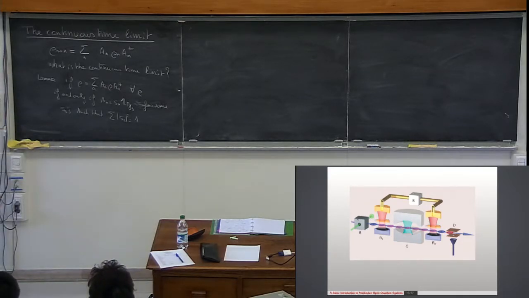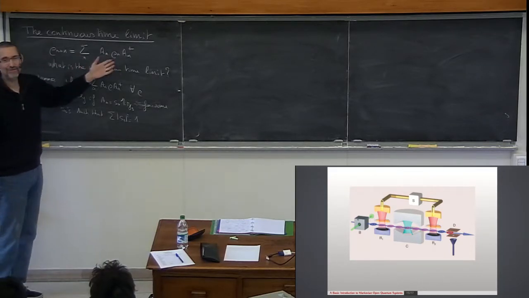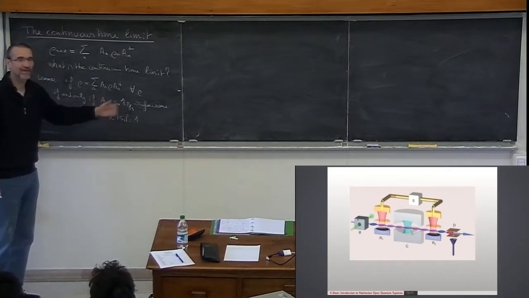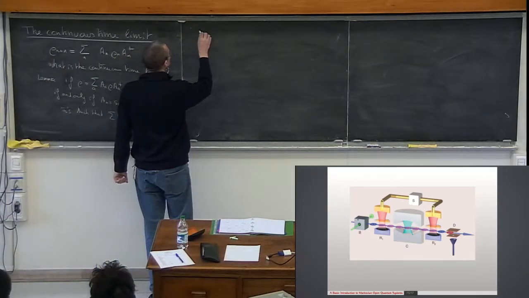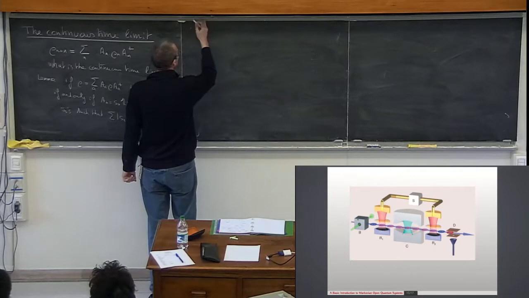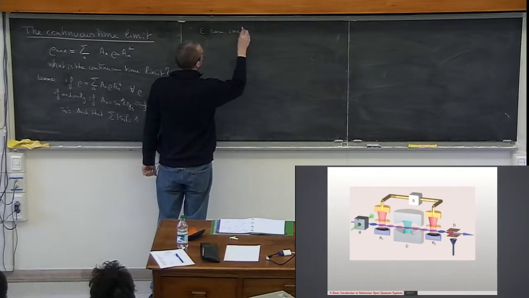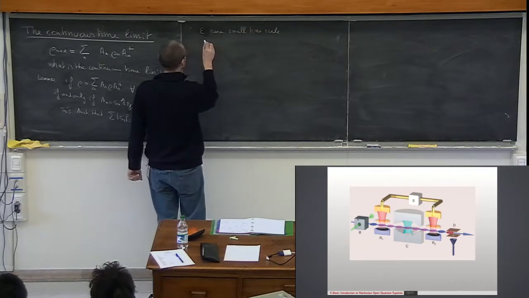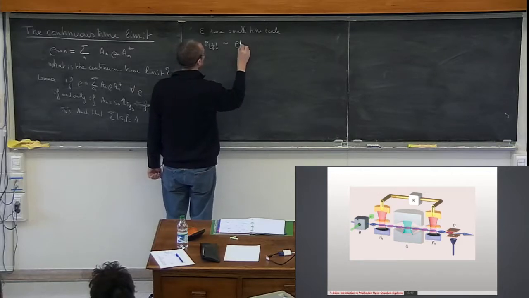It's the following: if I want to take the continuum limit, I would like rho n plus 1 to be close to rho n, and so my starting point will be to start from operators which are proportional to the identity. So now if I have in mind that epsilon is some small time scale, I would like that rho of t over epsilon behaves like a rho of t.